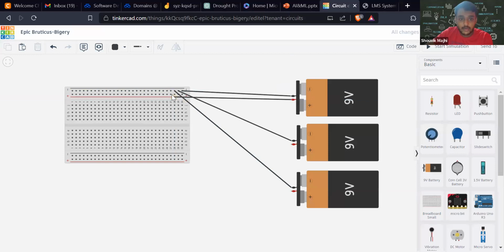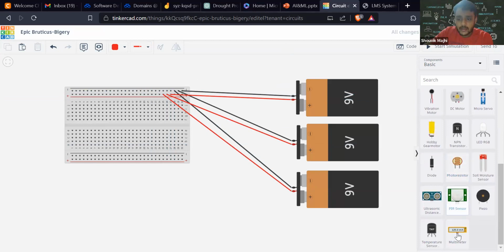Similarly, let us take the positive one over here, and another positive one, and here another positive one. So we are getting a connection like this.